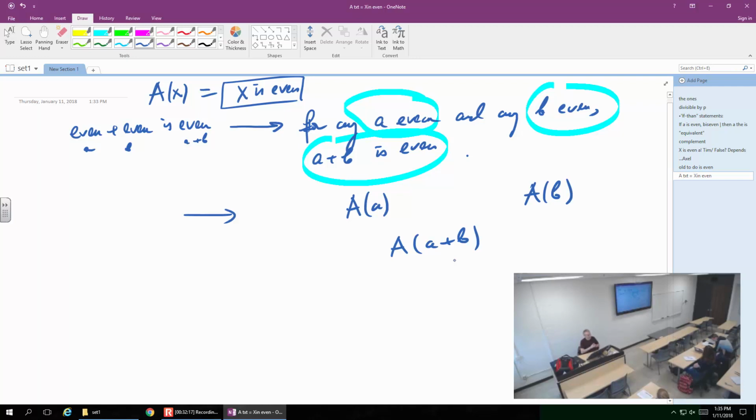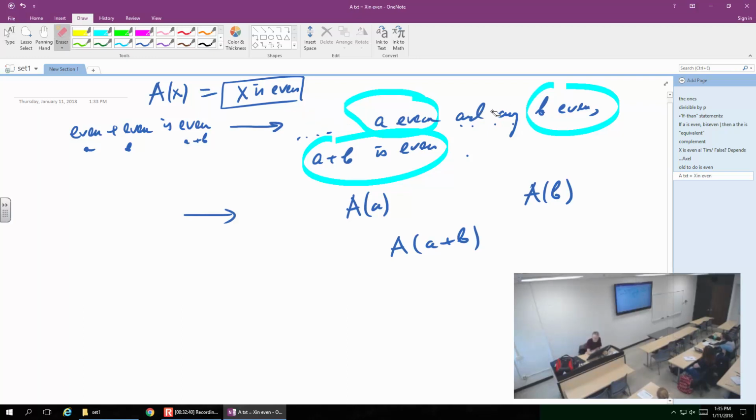What remains is simply to take care of the missing parts over here. Let's do an implication.